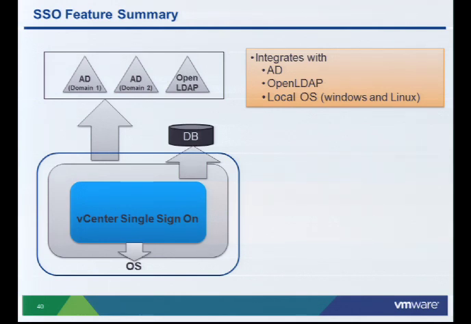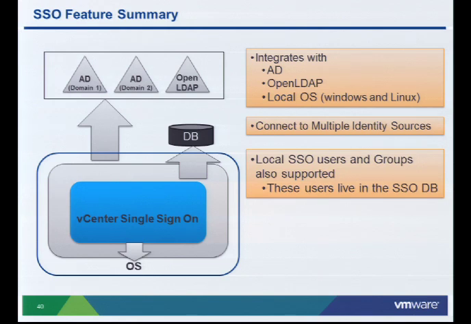We've also added support for Open LDAP. And not only that, we had this problem where vCenter could connect to only one AD domain at any given point in time. With this, you can connect to multiple AD domains at the same time. Not only that, if you have a setup where some users live in the local operating system, you can actually point SSO to those users as well. So it draws users from those.